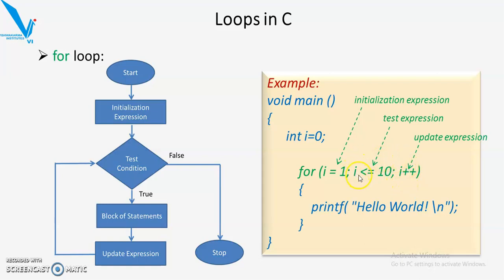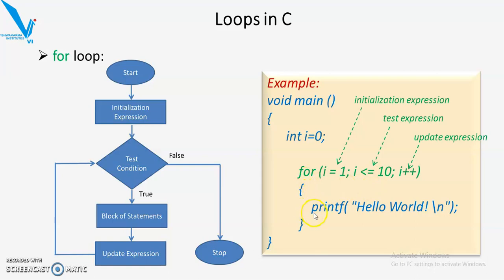Next is again the test expression, that is 2 is less than or equal to 10. As it is satisfied, again the body of the loop will run and it will print hello world. Then again it will go to i++, so now i becomes 3, and next is 3 less than or equal to 10. Yes, it is satisfied.